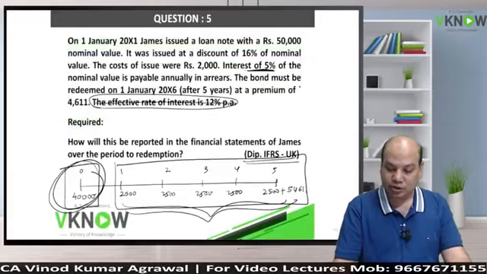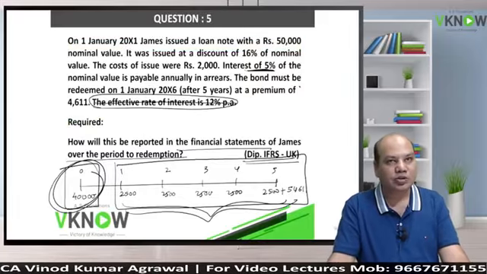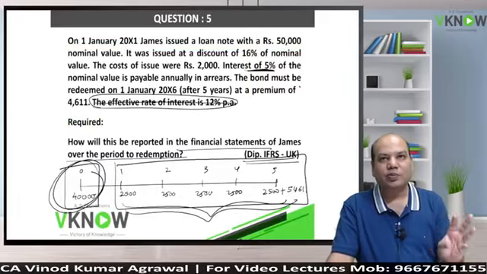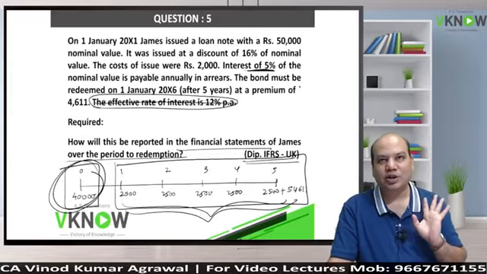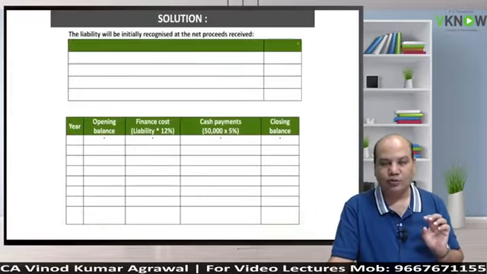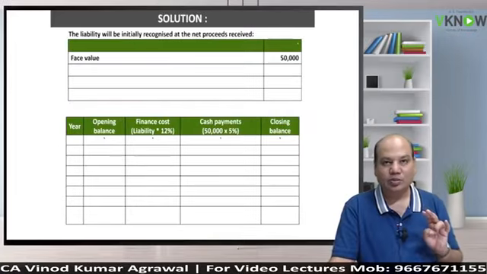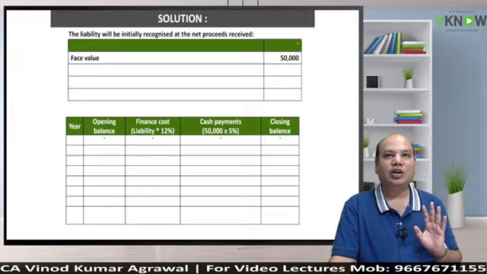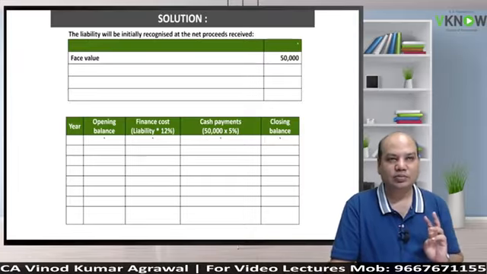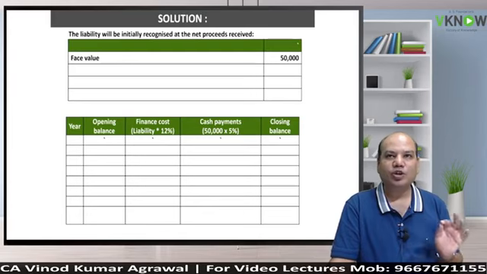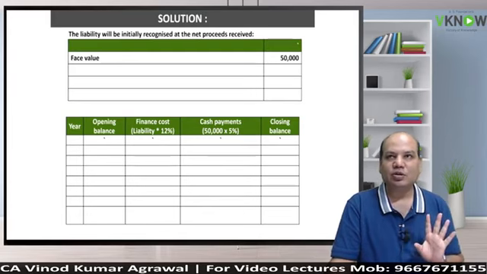What is the question? How will this be reported in the financial statements of GEMS over the period to redemption? So how will it appear in the P&L account, balance sheet, and cash flow statement. For that I first need to prepare two working notes. The first working note will be initial recognition of financial liability, which will be proceeds minus transaction cost.